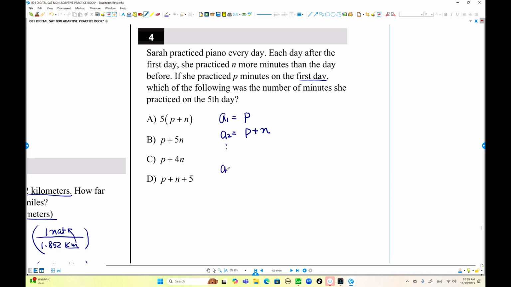Formula for arithmetic sequence. Okay, do you remember this one? The nth term equals first term plus n minus 1 times the common difference d. At this time, d is n, right? That's why I use this one. 5 minus 1. So P plus 4n is the answer.